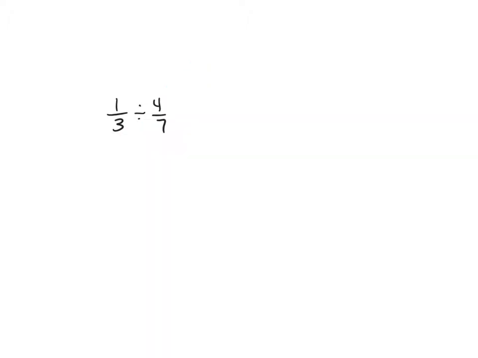So let's say you were given the problem 1/3 divided by 4/7. I'm not going to do that as a division problem. I'm going to change it to a multiplication problem. In order to do that, the first fraction stays the same. I'm going to change it to a multiplication problem by multiplying by the reciprocal of the second number, which is the divisor.